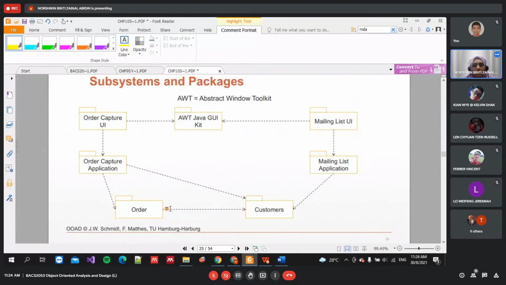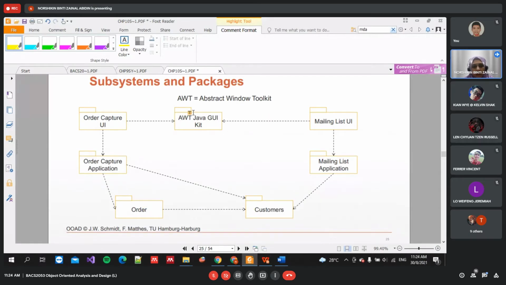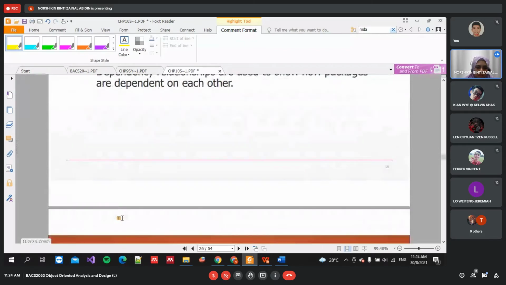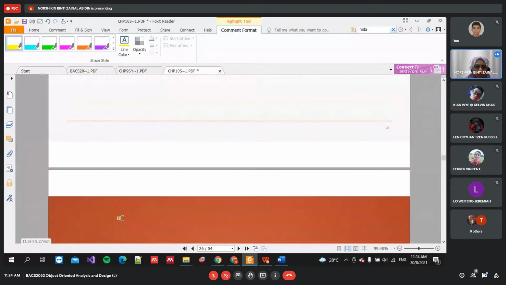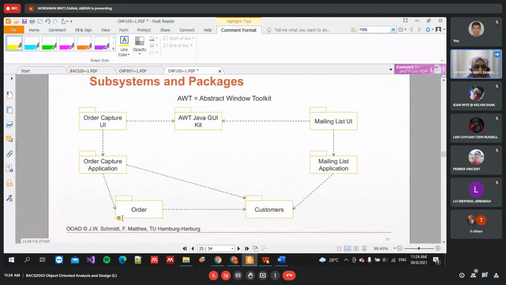Okay, this one, as you can see, is the Abstract Window Toolkit for the relationship. So adaptability, Abstract Window Toolkit, as you can see here. There's an explanation actually. Oh no, they don't have.